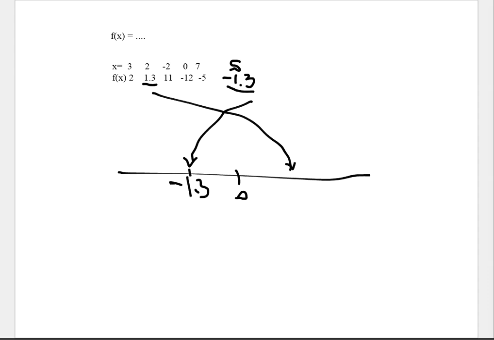It is a negative 1.3 and it is a positive 1.3. So both of these are equal because both answers have the same distance to 0.